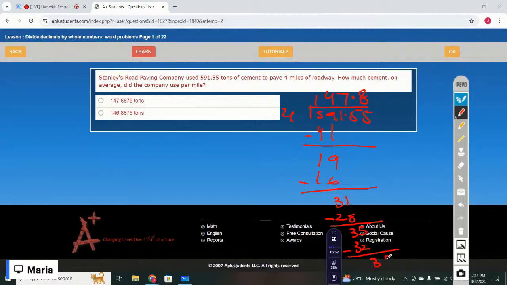3, bring the 5 down. 4 times 8 is 32. Now we have 3. We don't have any more digits. Now bring a 0 down. 4 times 7 is 28. Now we have 2 here and put 0. 4 times 5 is 20. 20 take away 20 is 0.